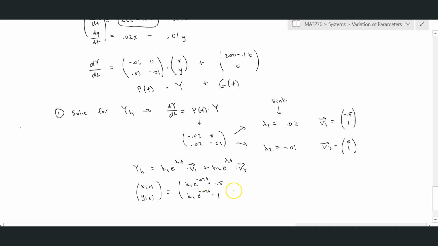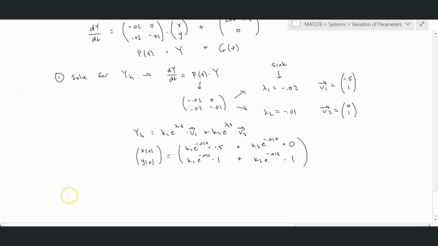That's for v1. The second term will be k2 e to the negative 0.01t times v2, which in this case will have that term eliminated. k2 e to the negative 0.01t times 1, which is that second component there. All right, that's what that amounts to.